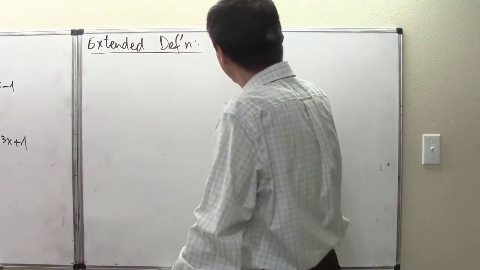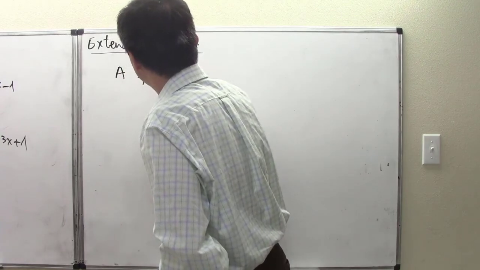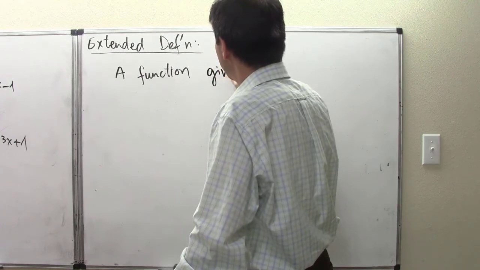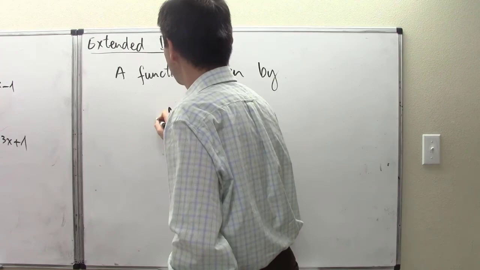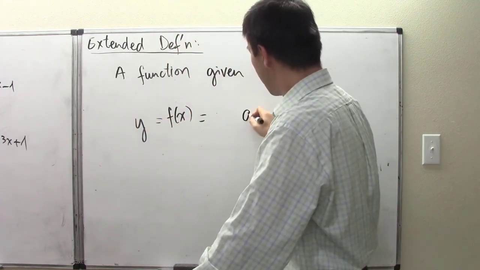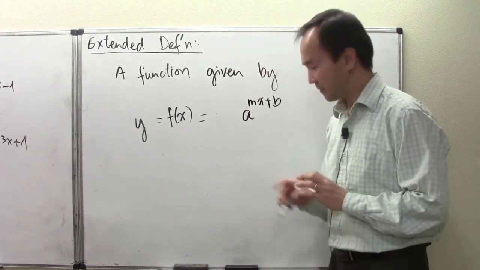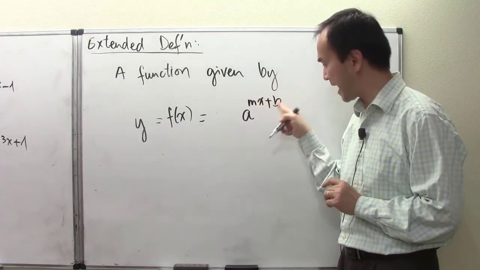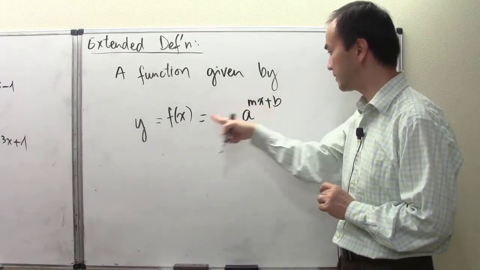All right, so now let's look at that in the following. So a function, or any function, that's given by, how about f of x, or we can also call that y equals f of x, and then f of x equals a to the mx plus b. The base raised to the power, the exponent being a linear function, and this exponent is a function of x.